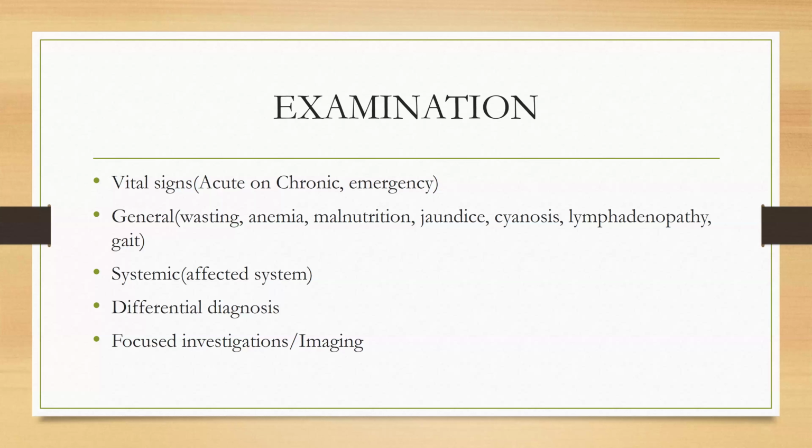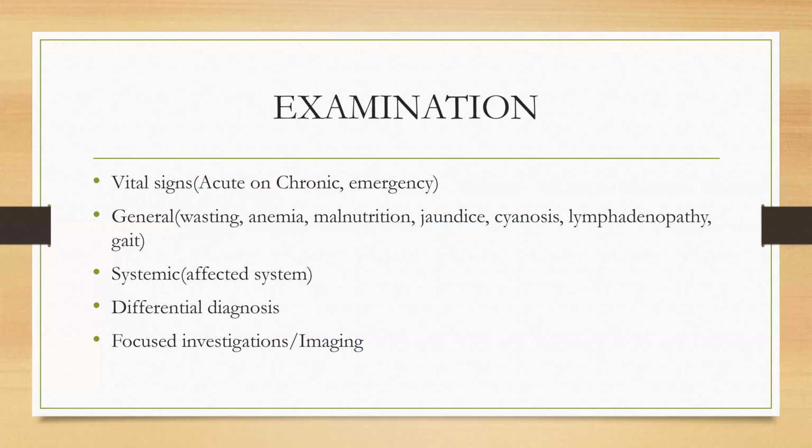Still, sometimes a patient may not be improving on treatment, maybe because we are not addressing some of the other issues that have been there. There could have been malnutrition, there could have been anemia. We need to address those issues too.